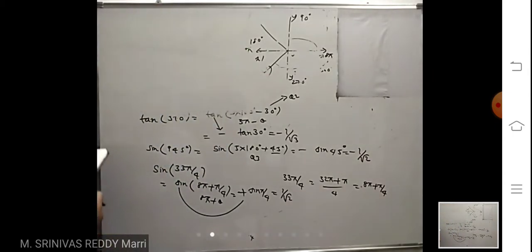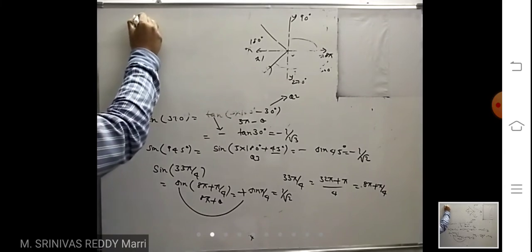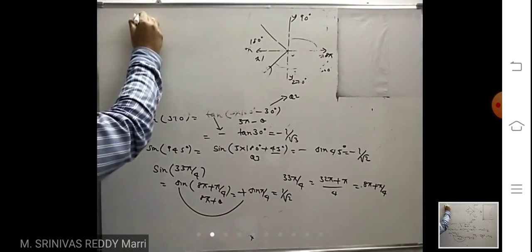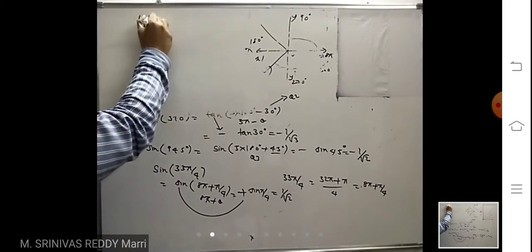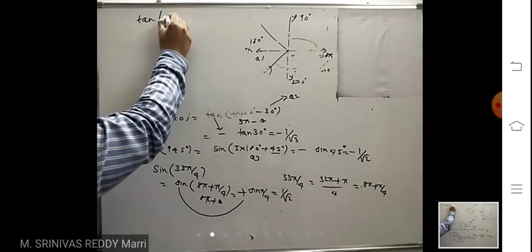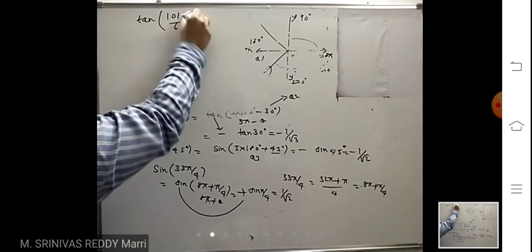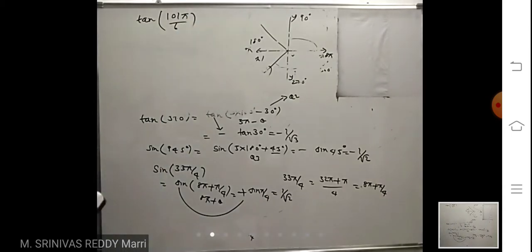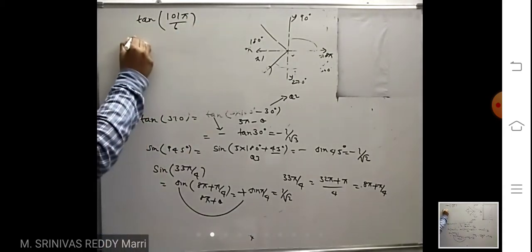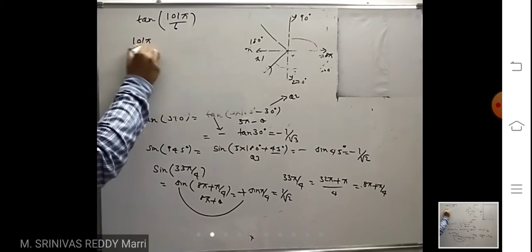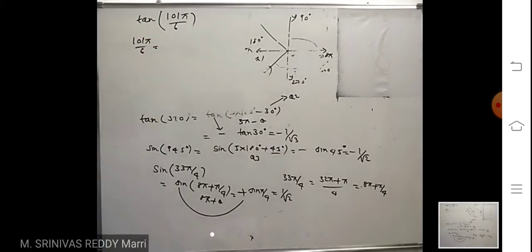Just angle measurement you do. Suppose look at another example. Another example. Suppose tan of 101 pi by 6. Now 101 pi by 6, I want to write multiple of 6.